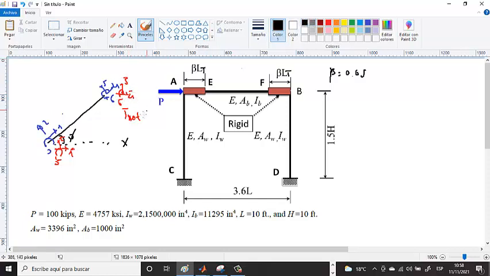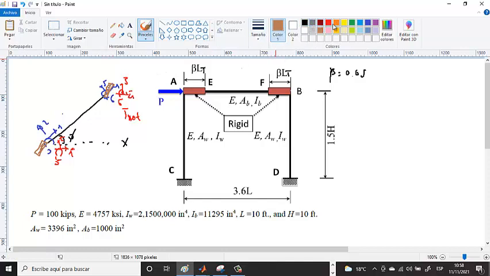Okay, that would be the end of the problem if we don't consider the rigid end zones. But for this case, we are considering the rigid end zones at the end of the elements.